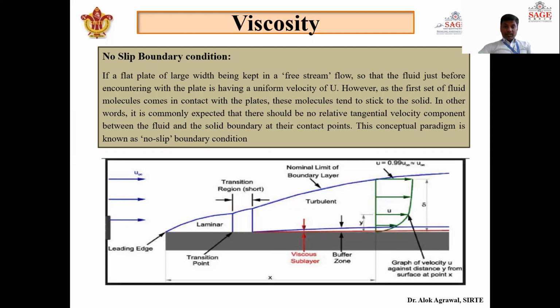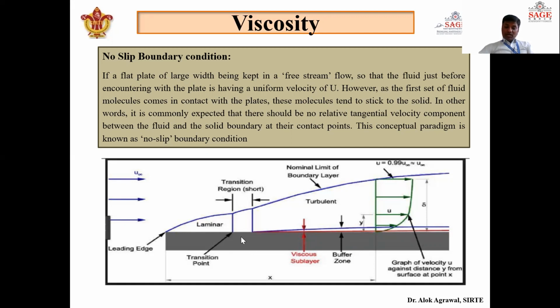Now see what will happen next. The fluid will attain the velocity of the plate and will not slip over it. Because of that, we assume that the fluid molecules will not slip over the plate, and this concept is known as the no slip boundary condition, where the fluid attains the velocity similar to the velocity of the plate.